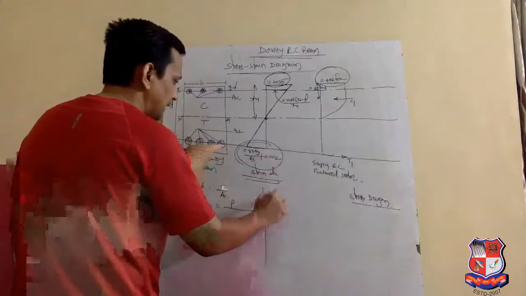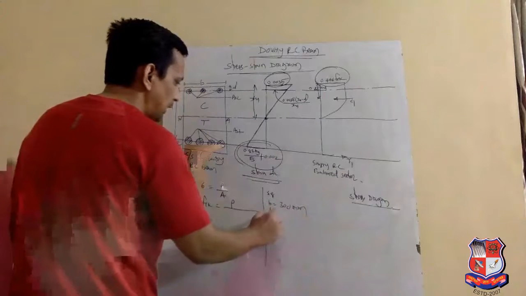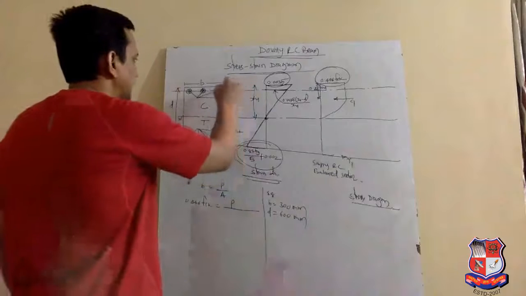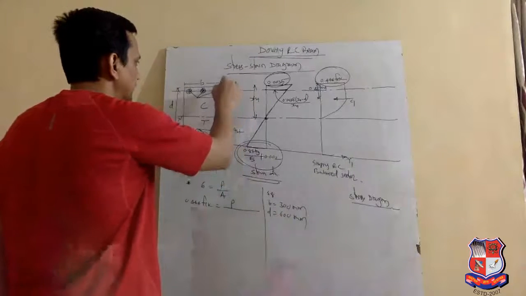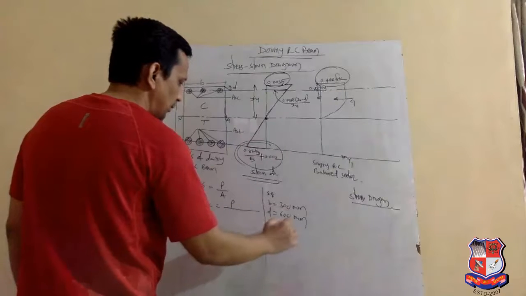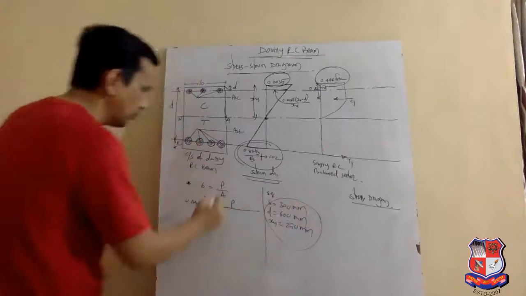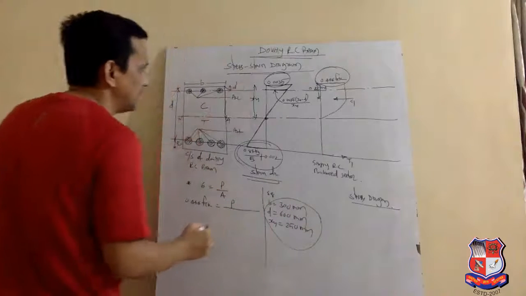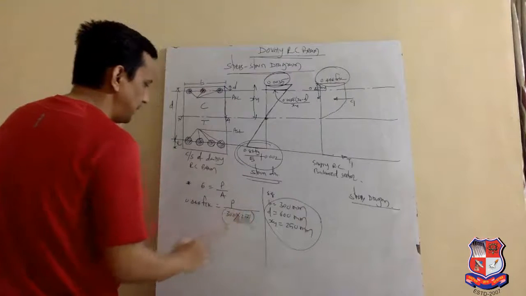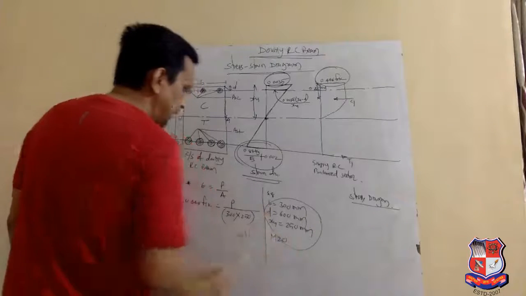Just as an example, take b equal to 300 mm and D equal to 600 mm, and the depth of neutral axis, just take xu equal to say 250 mm, right? So the area is 300 into 250, and take M20 grade concrete.